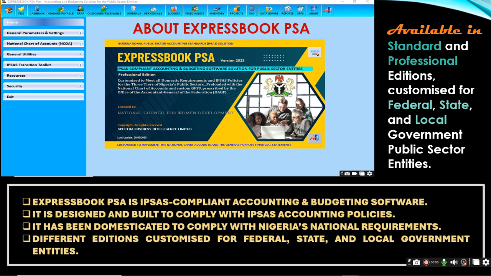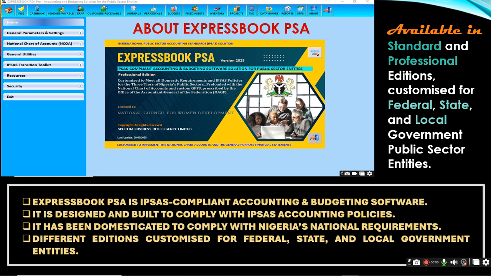Those who were selling software for other companies abroad were making more money than those of us who were trying to build one. So my first instinct when IPSAS started was to look for software somewhere in the world I could use to implement IPSAS in Nigeria and be their representative, their agent. But I couldn't find any. So at the end of the day, we decided, okay, let's build one. And that's how we came out with ExpressBook PSA.